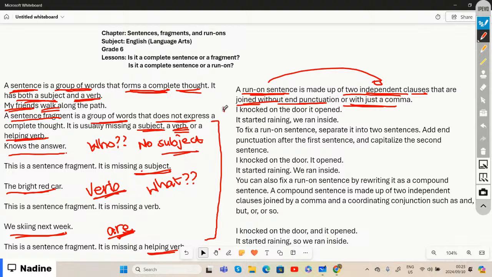The next sentence is: it started raining, we ran inside. There's our comma. That run-on sentence is joined with a comma.